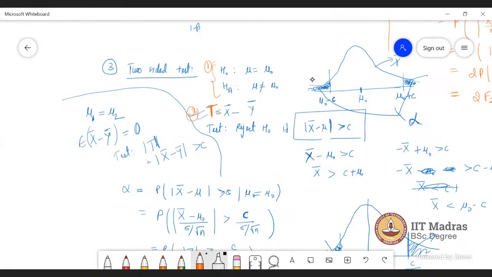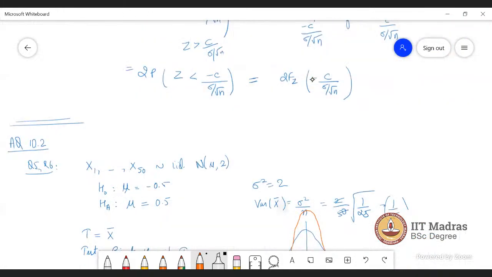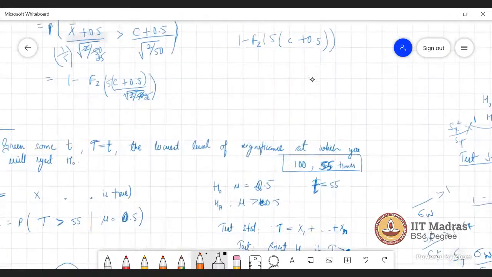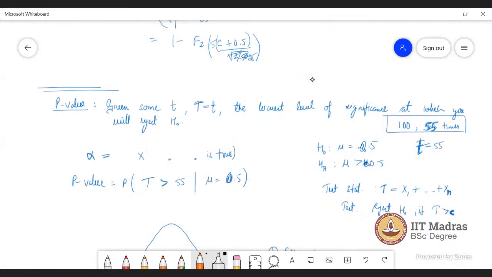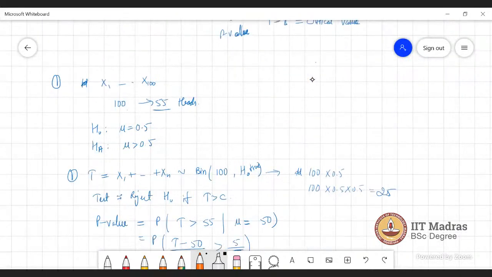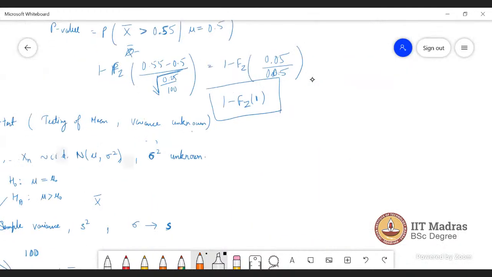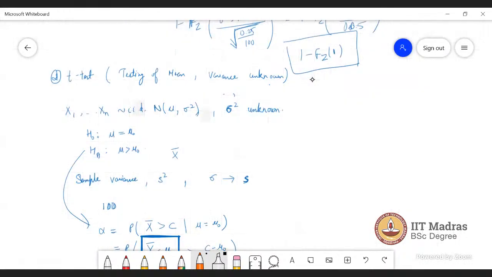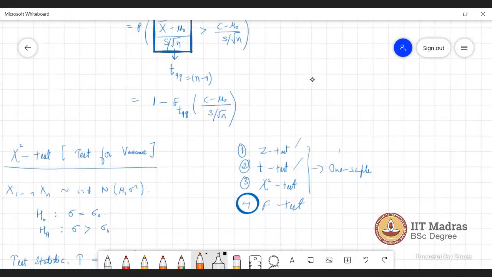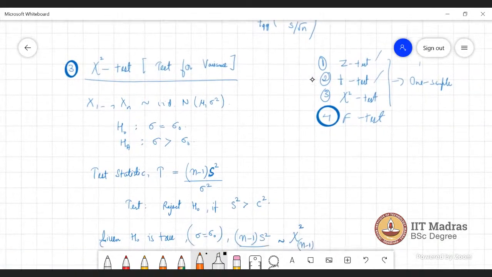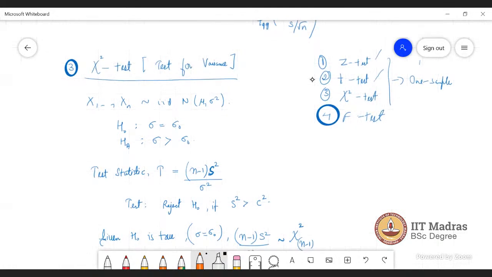So when do we use the chi-square test? Whenever you have to test for variance and you have one sample given, you will use the chi-square test.